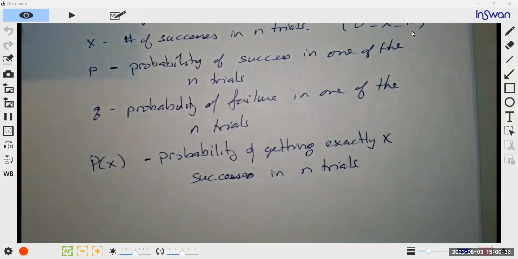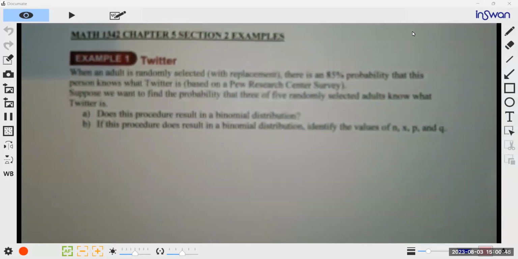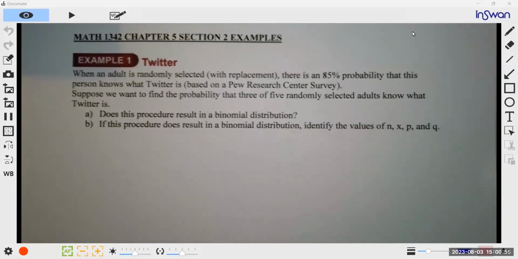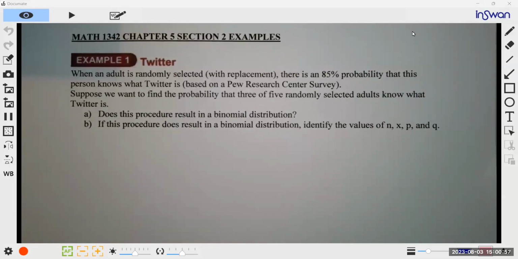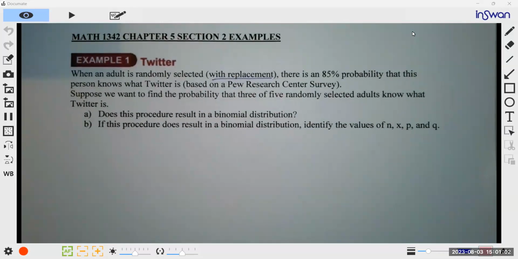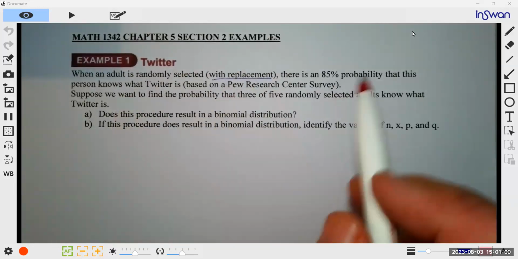All right, so let's look at the first example. When an adult is randomly selected with replacement, remember, has to be independent, because if it was without replacement, then that one event changes the next event. So has to be with replacement.